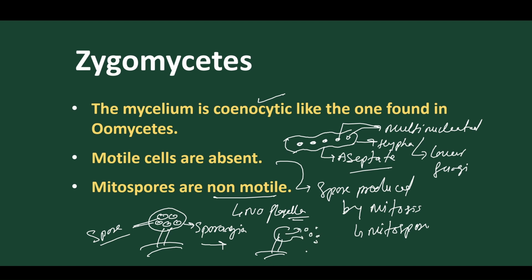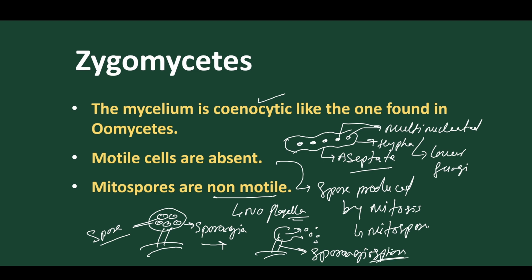These spores are non-motile, but with the help of wind they transfer from one place to another. This is how reproduction takes place, with the help of mitospores. The stalk of this sporangia is called the sporangiophore.